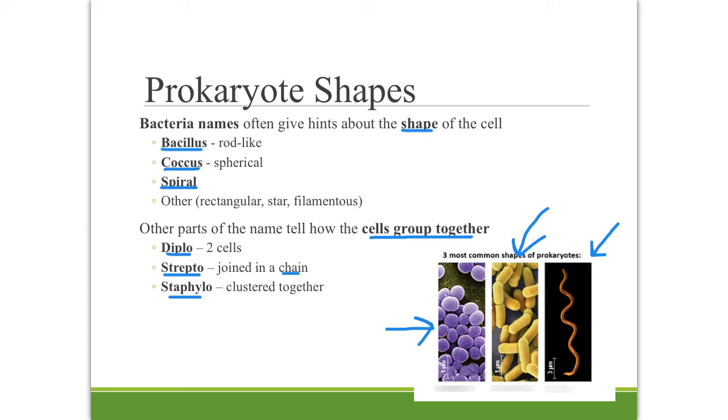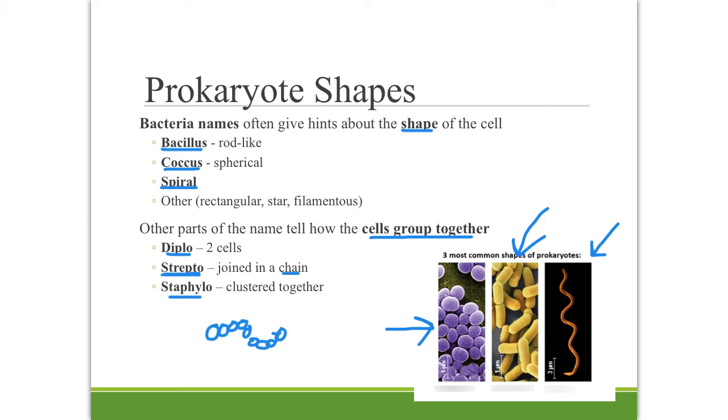So if you've ever had strep throat and you've had Streptococcus bacteria in your throat, the strepto tells you that those bacteria form together in a chain. So if we looked at them under the microscope, they'd be making these long, kind of round chains because it's Streptococcus. So coccus is spherical, and that's how the bacteria would appear under a microscope.